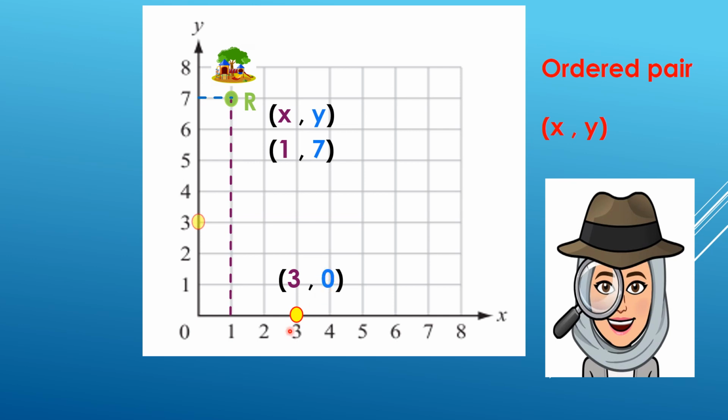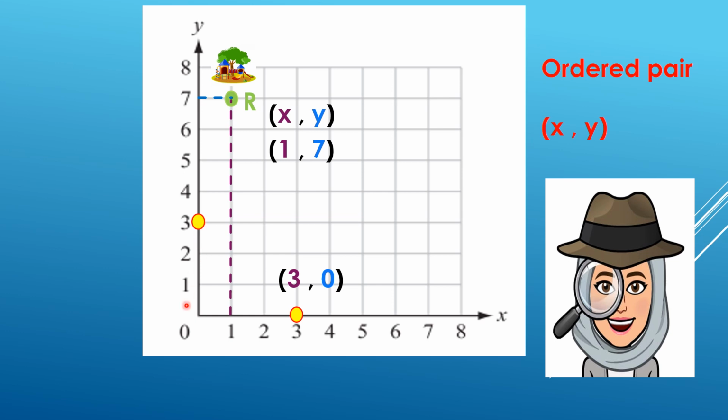Now let's take another example. Now this is a different one. This is again 3, but it's located on the y-axis, right? Now how can I read it? Again, we'll follow the same ordered pair. I will start with the x coordinate. Now where's my x coordinate? Okay, this is my x coordinate. Perfect. And I'll go up to the y coordinate, and that is 3.